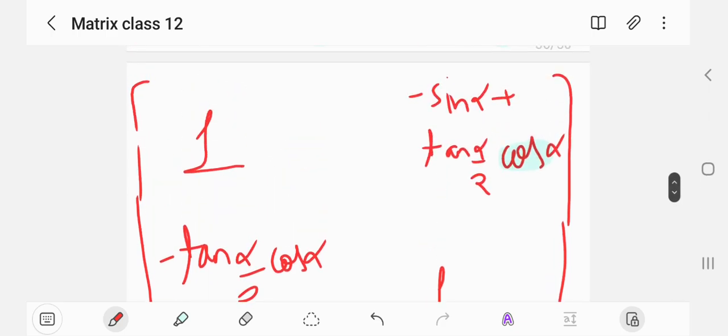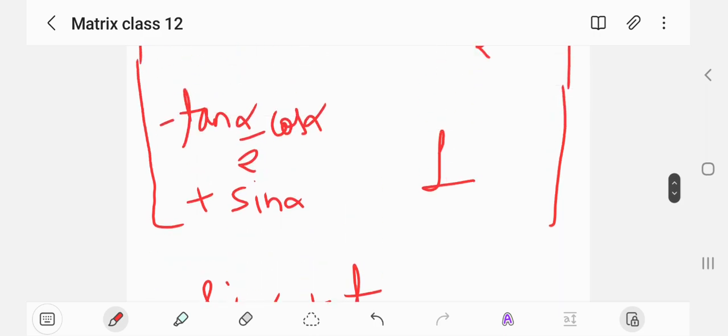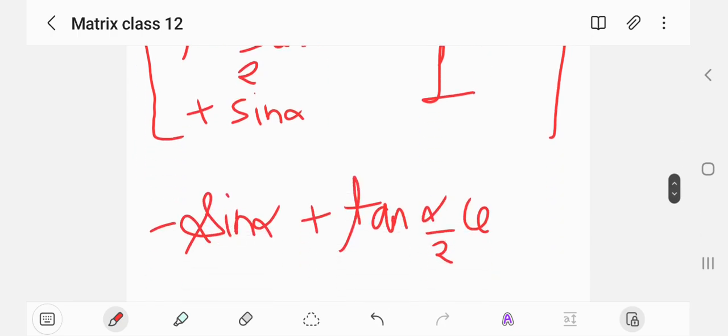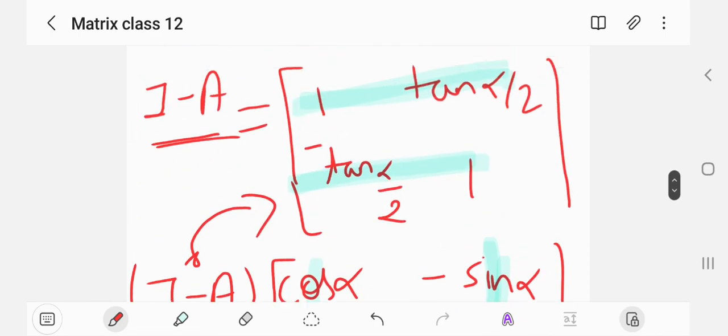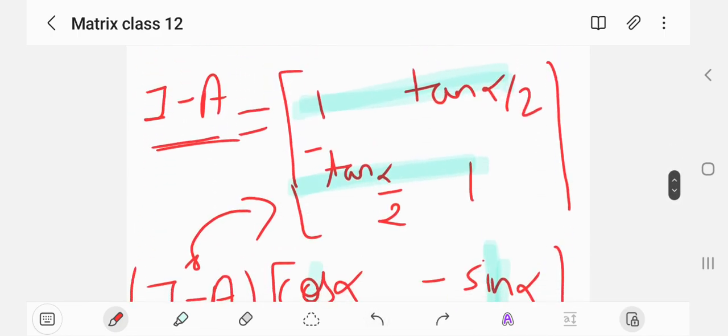My task is to change this sine alpha minus sine alpha plus tan alpha by 2 cos alpha into minus tan alpha by 2, because here I have minus tan alpha by 2, right?